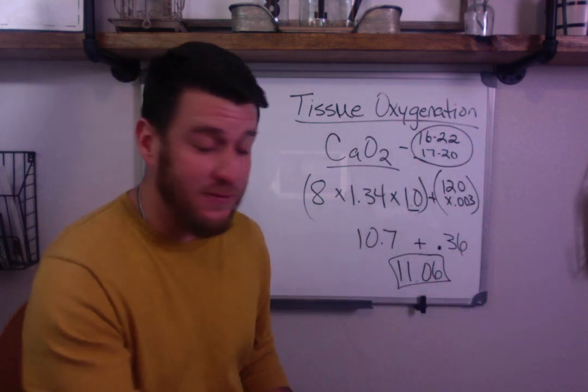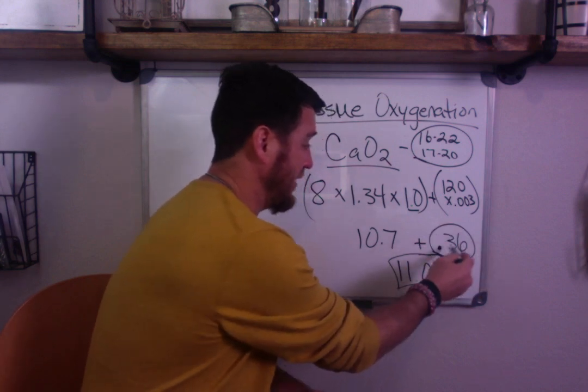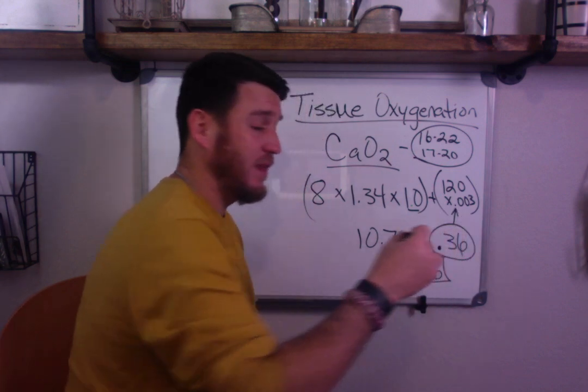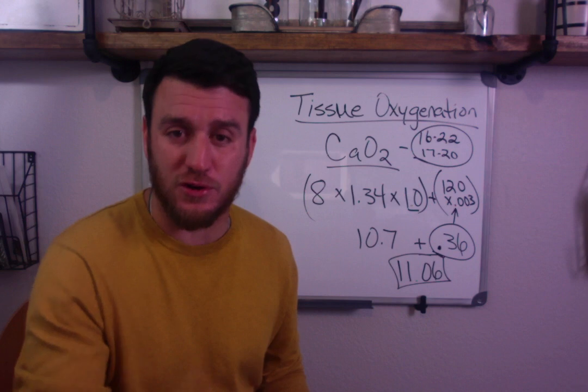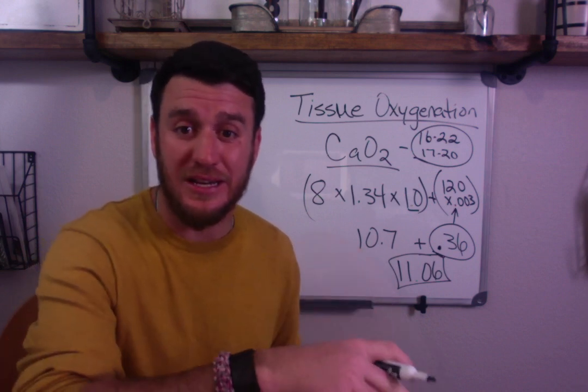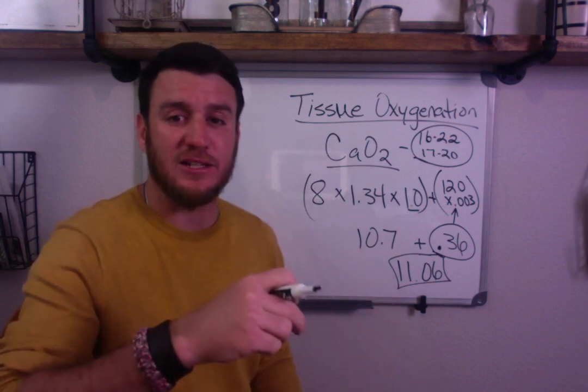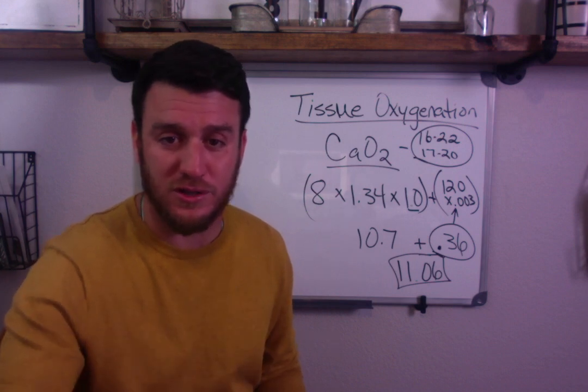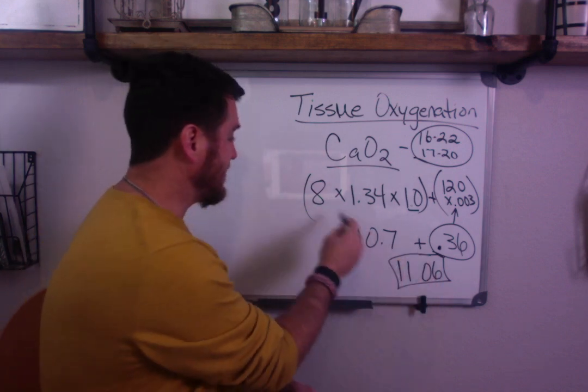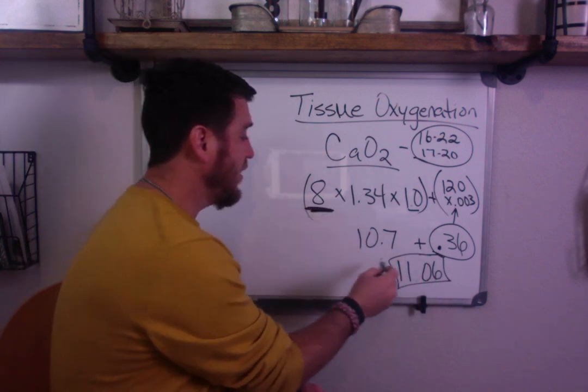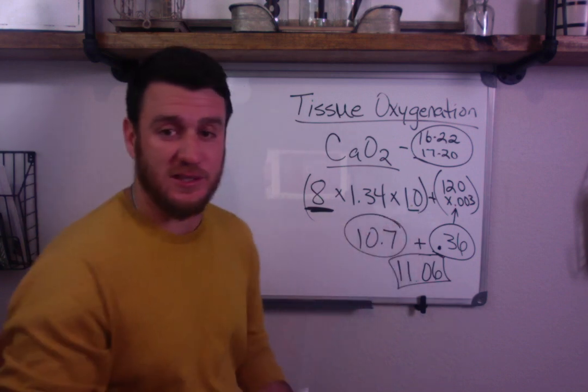Now, remember our normal values here. Before we ever even added the 0.36, which is a result of external respiration, the lungs' ability to get oxygen into the arterial circulation, because of our hemoglobin, we were already at a deficit.